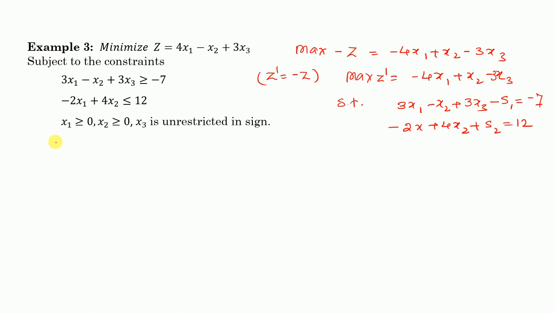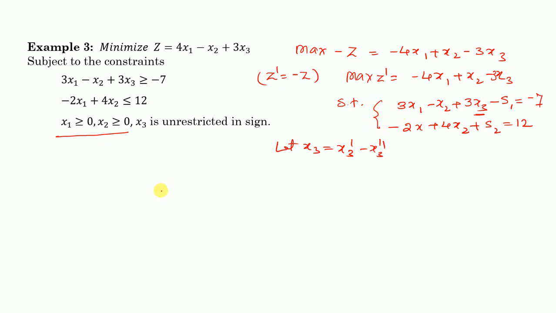Now look at this x1 and x2, these are greater than 0, but x3 is unrestricted. X3 is unrestricted, so what we can do, we can assume let x3 this equal to x3 dash minus x3 double dash. So here we have x3, so these equation will be changed.